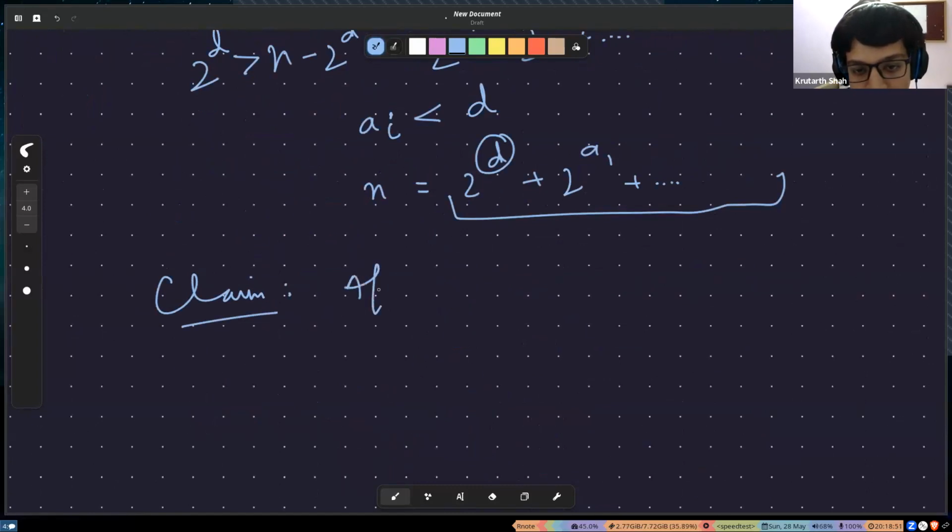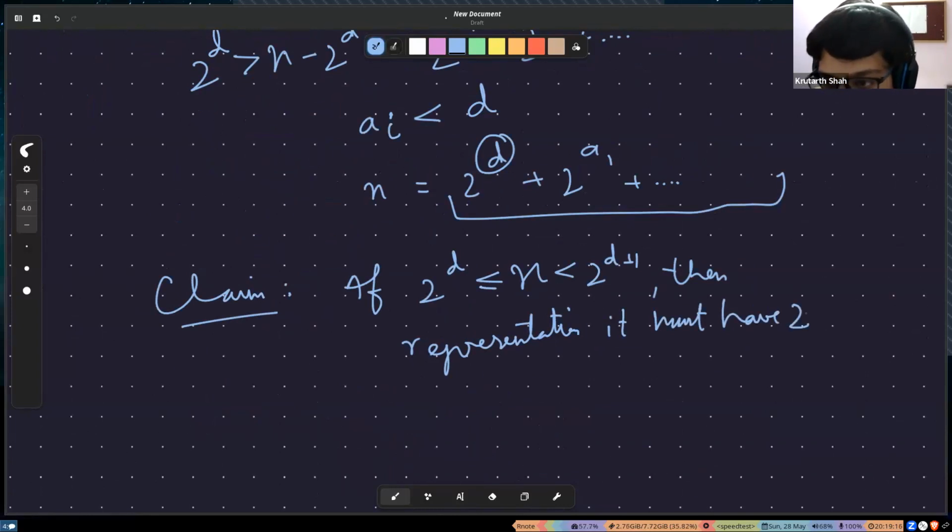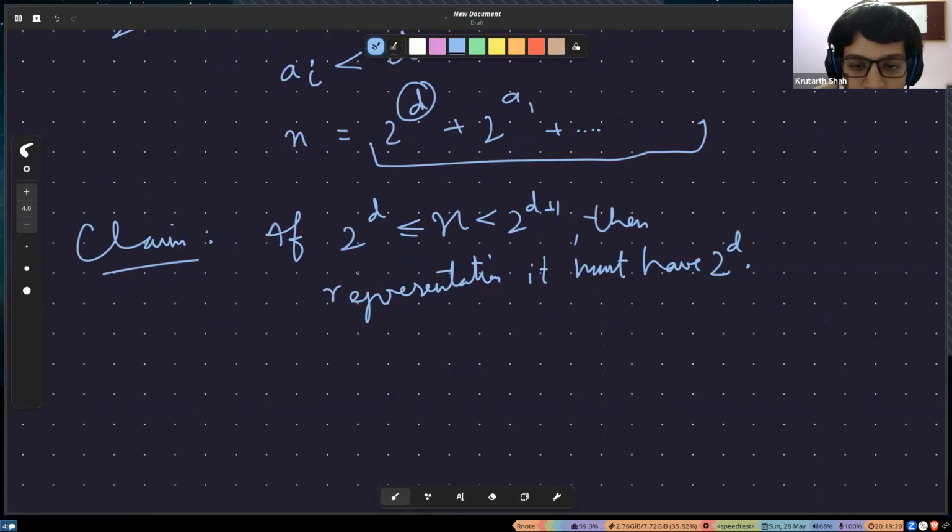So the claim is that if this is true, then in the representation, it must have 2 to the power of d.